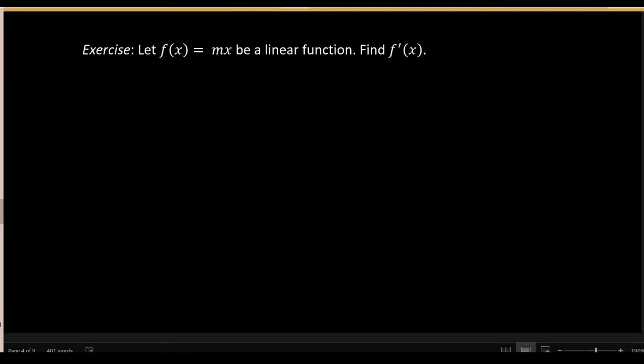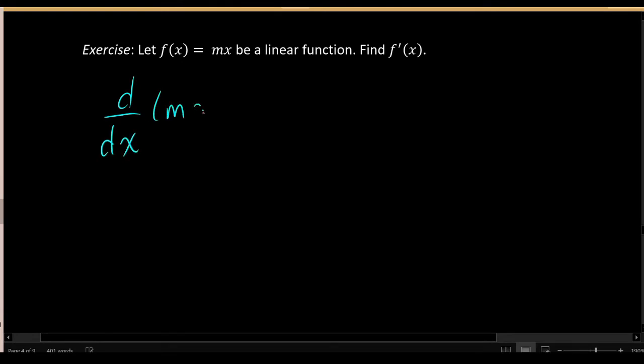Let's see if we can notice anything interesting about the derivative of any linear function through the origin. The function of the generic form some number, let's call it m, times x. So I'm going to try and find the derivative of m times x. And the constant multiple rule says that you can set that number m aside for a second and calculate the derivative of x by itself.